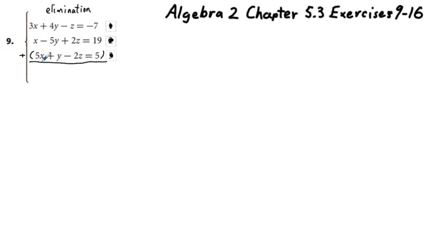So we have x plus 5x is 6x, and we have negative 5y plus y is going to be negative 4y, and then 2z minus 2z is going to be 0, so I'm not even going to write that, and then 19 plus 5 is 24. So that's one of the reduced equations we're going to use.